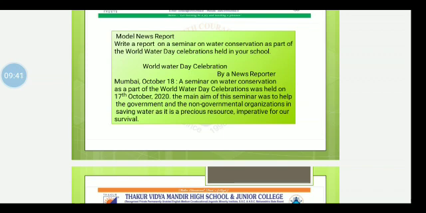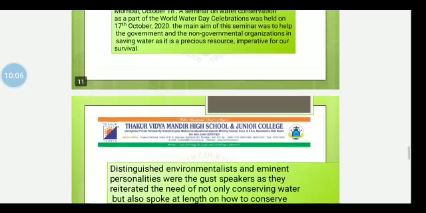A seminar on water conservation as a part of World Water Day celebrations was held on 17th October 2020. The main aim of the seminar was to help the government and the non-governmental organizations in saving water as it is a precious resource, imperative for our survival.